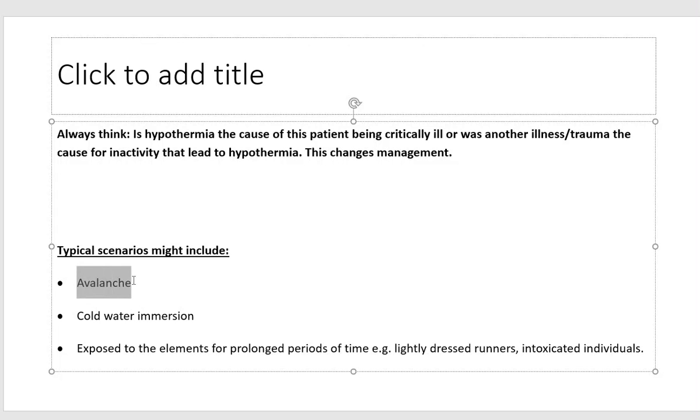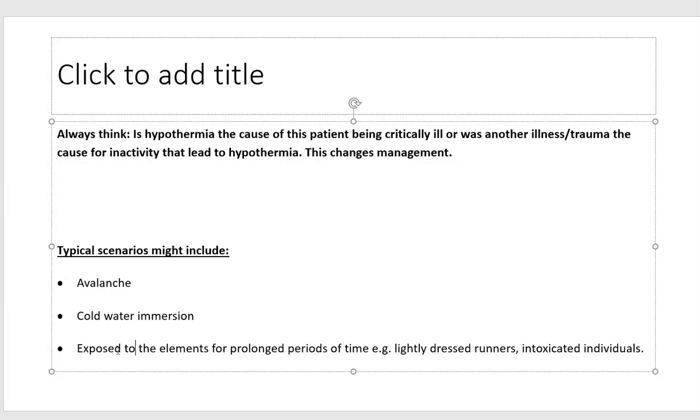So an avalanche, so you get immediately compacted into a really cold substance. Cold water immersion, so immersion rather than submersion, because obviously if you're submerged, then you're going to begin the process of drowning because you're having water going into your lungs. So if the body, not the airway, is underwater, you get much quicker heat loss. And then finally, exposed to the elements for a prolonged period of time.